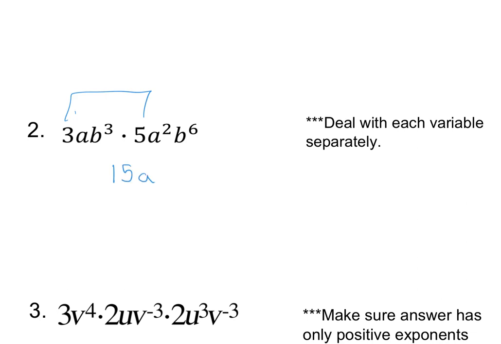The a's. Remember, there's understood to be a 1 there. 1 plus 2 is 3. B. 3 plus 6 is 9. There's your solution. And you're done.